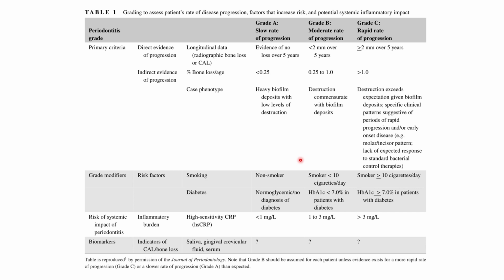Now, grade modifiers are diabetes and smoking, and diabetes or smoking are two of the most well documented risk factors for periodontitis.